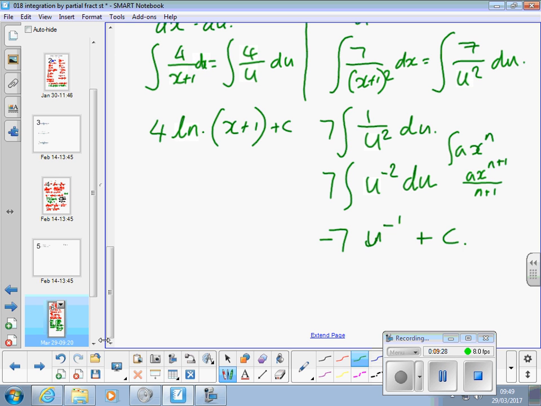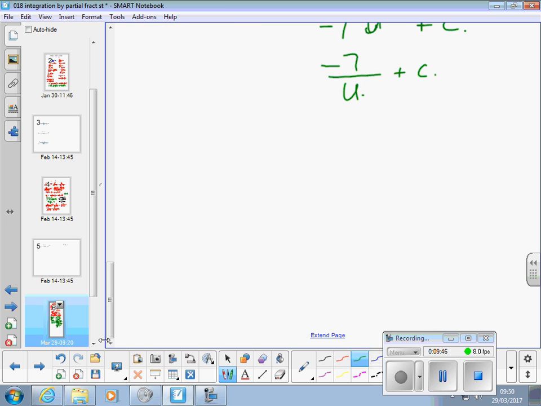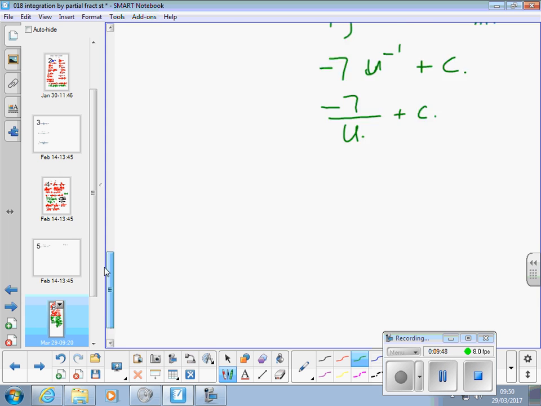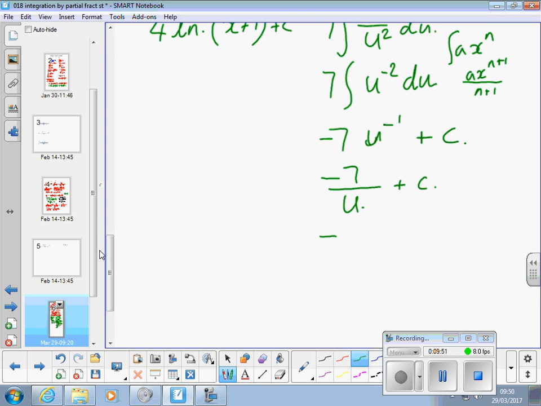We can write that as minus 7 over u plus c. So we put it back down the bottom and made the minus 1 index to plus 1. And lastly, we replace u with what we called u in the first place, x plus 1, all plus a constant of integration.